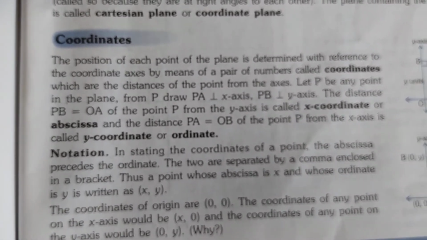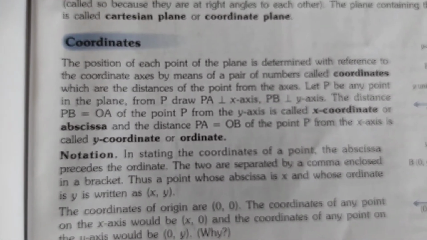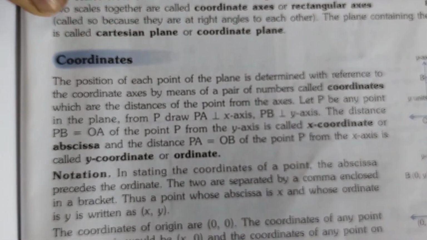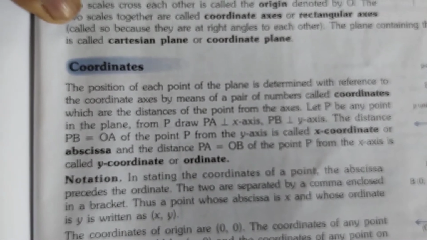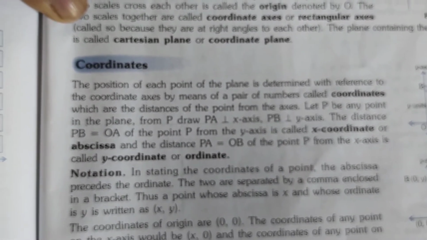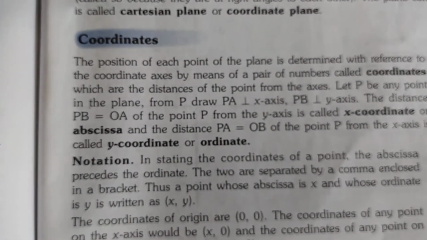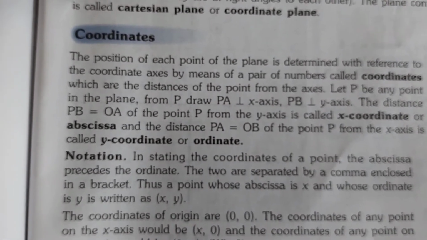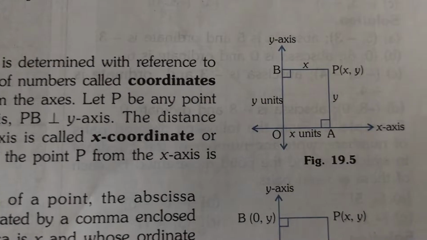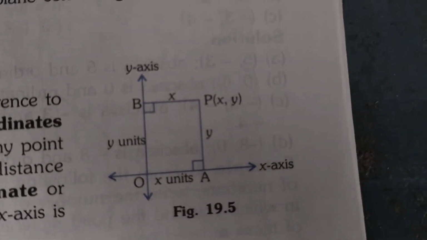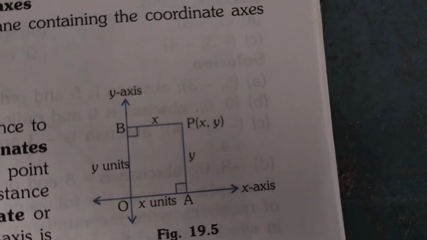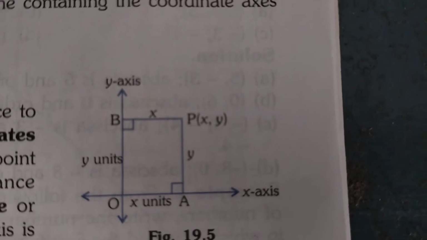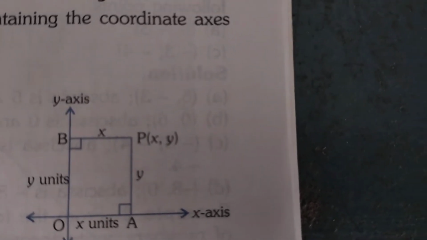The x coordinate's other name is abscissa, and PA, which is equal to OB, the distance from the x-axis, is the y coordinate, which is called the ordinate. So x coordinate is called abscissa, y coordinate is called ordinate. Here you can see P is a point located at x comma y: x units from the origin along the x-axis and y units along the y-axis.